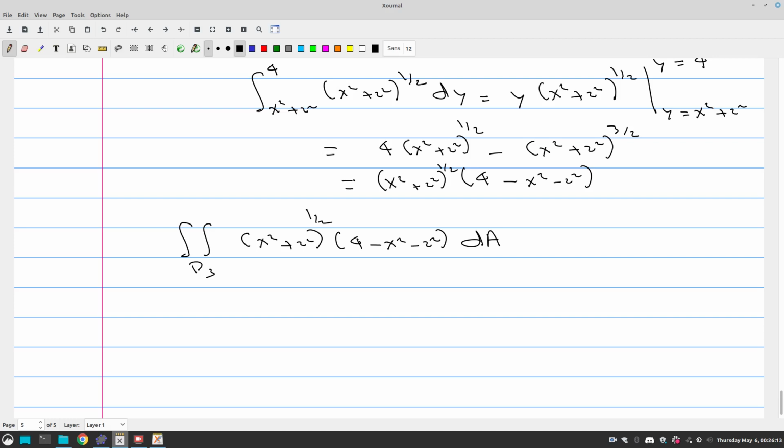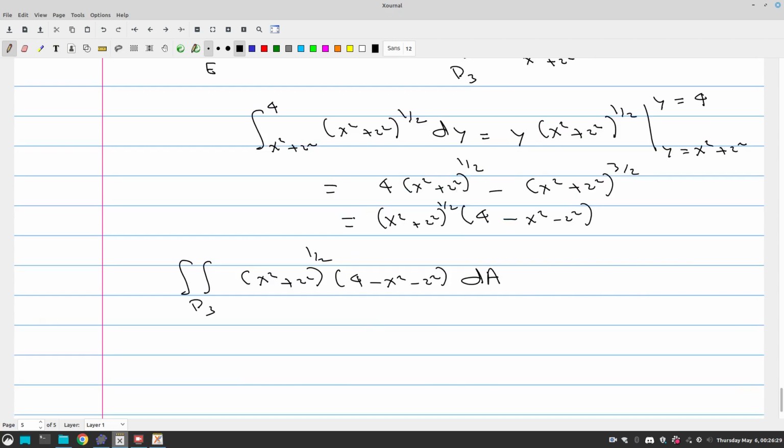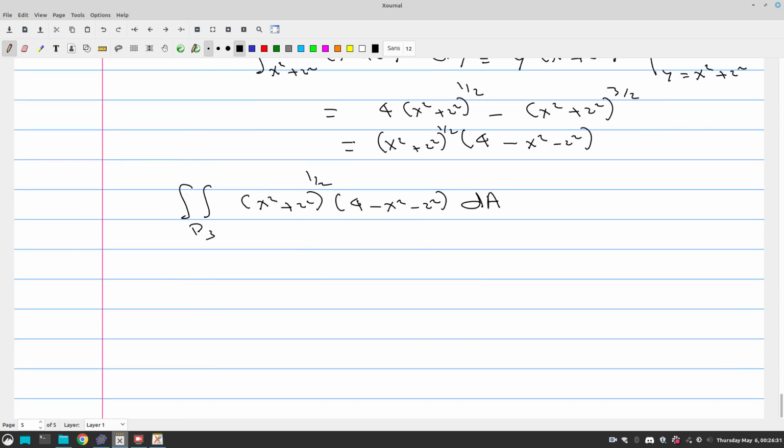Now we could try expressing this disk D3, in fact this is not a circle, this is a disk, as a type 1 or a type 2 region, but that would give us a lot of grief, a lot of unnecessary difficulties.